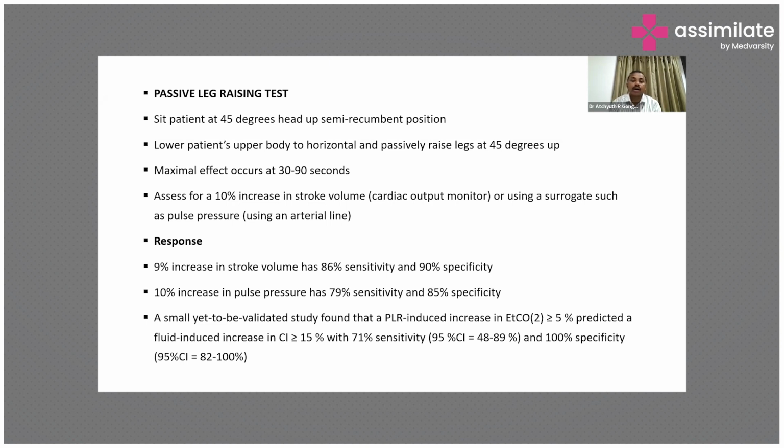Okay. So also if your patient is on the anesthesia table, or you have an ETCO2 monitor in your ICU, and if you're doing a passive leg raising test and there is a 5% increase in the ETCO2, that again would tell you that the patient would be responsive to the additional fluid.